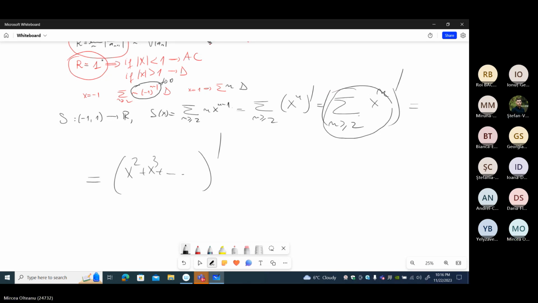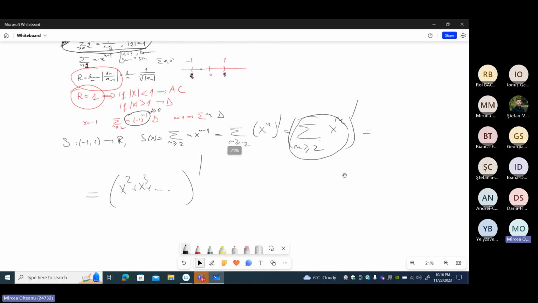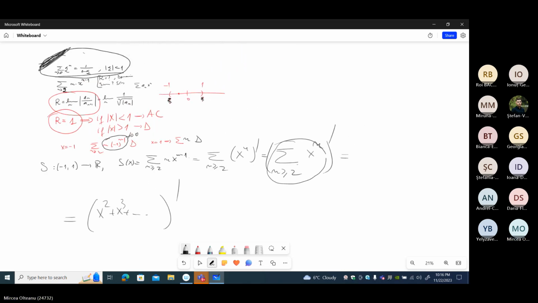Attention, the general result, the sum 1 + q + q^2 and so on equals 1/(1-q) if the modulus of q is less than 1, because it starts with 1. So here you can do it in two ways: add and subtract the first two terms, or take out x squared.